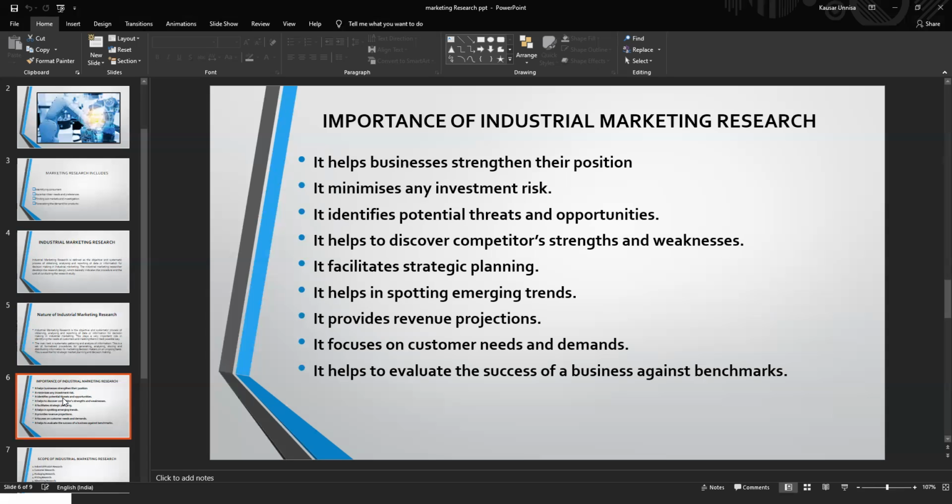It is also going to help evaluate the success of the business. With industrial marketing research and surveys, we can have a better evaluation, which gives us benchmarks for how to face competitors regarding employee engagement, how surveys have to be done, and how to highlight performance or see the knowledge gaps essential for potential growth.